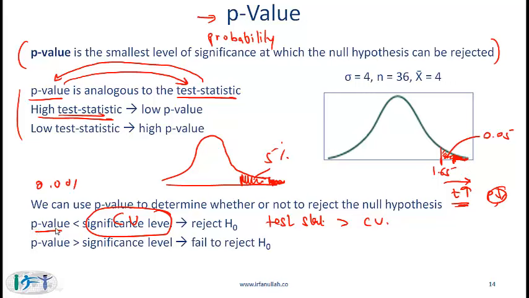So you can try this out with some numbers on your own and practice some questions, but this relationship should become obvious. And if your p-value is greater than the significance level, so if the significance level is 0.05 and your p-value, for example, is 0.06, then you fail to reject the null hypothesis.